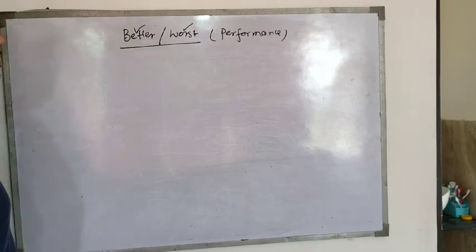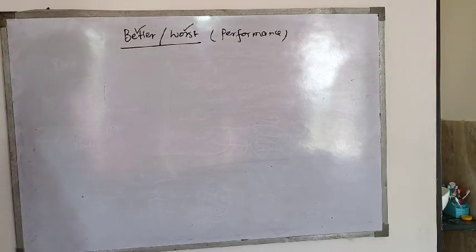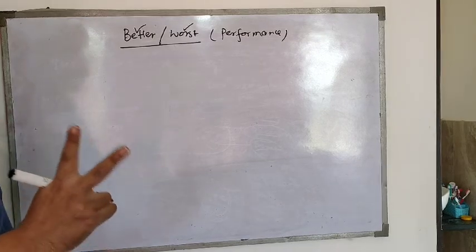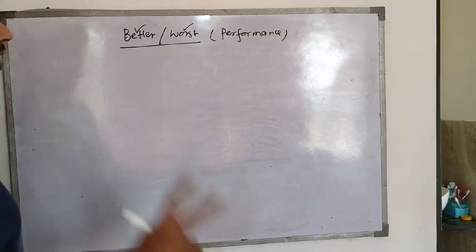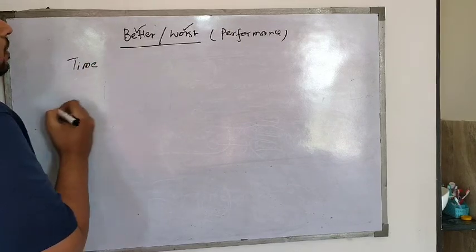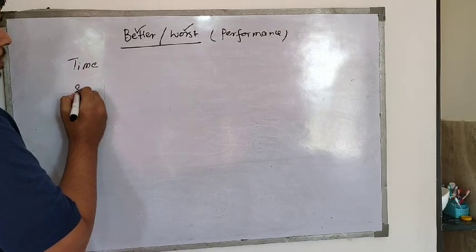So now what are the different parameters to analyze whether your given algorithm is a better algorithm or a worse algorithm? Most of the time we talk about 2 parameters. One is the time, second is the space.